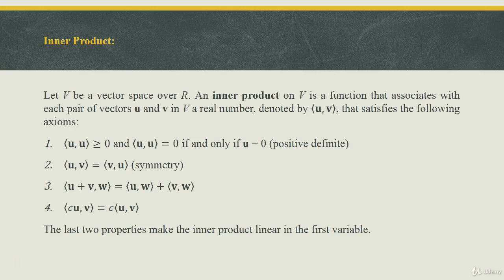The next one is that the inner product of U plus V and W is equal to the inner product of U and W plus the inner product of V and W. The next one is that the inner product of CU and V is equal to C times the inner product of U and V. Now, the last two properties make the inner product linear in the first variable.